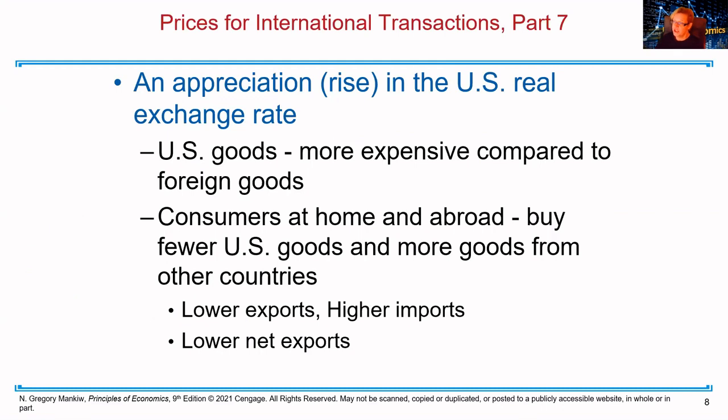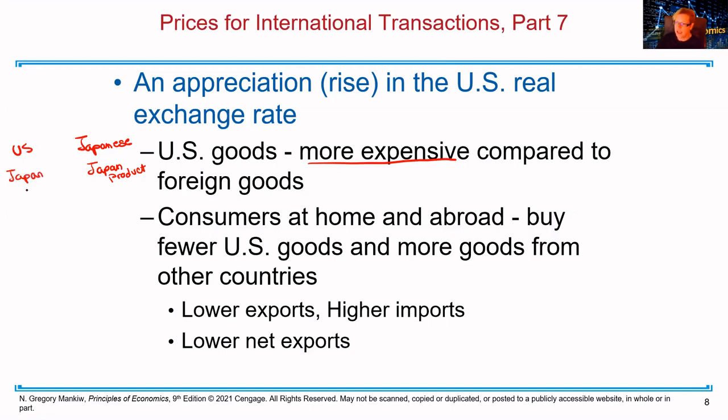An appreciation, again, now what would happen? US goods are more expensive, so the Japanese citizen is going to buy the Japanese product. We are going to see Japanese goods as being less expensive here in the US.